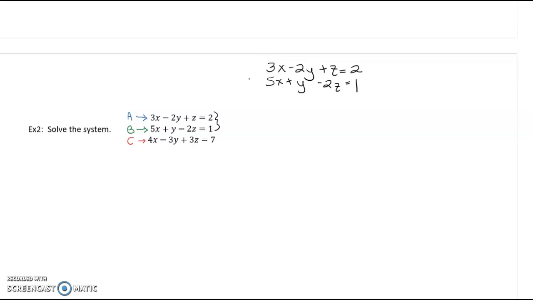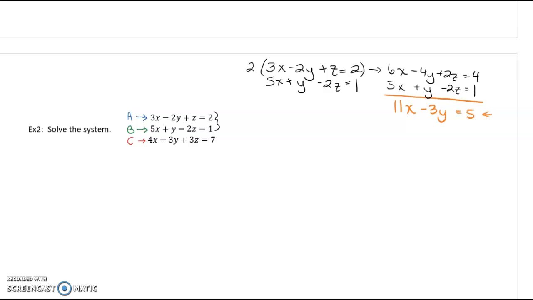So what I'm going to do here is multiply the top equation by 2, and that's going to give me 6x minus 4y plus 2z equals 4, and then 5x plus y minus 2z equals 1. And I'm going to stack and add those together to eliminate the z's. So 11x minus 3y equals 5. And I'm going to call this equation D, which we'll use again here in a minute.